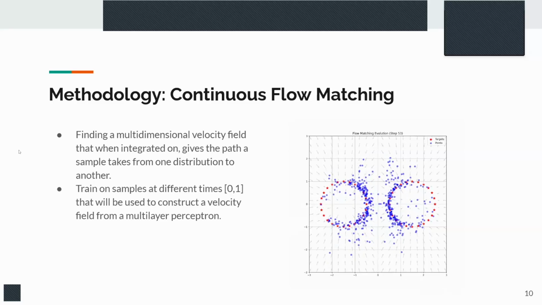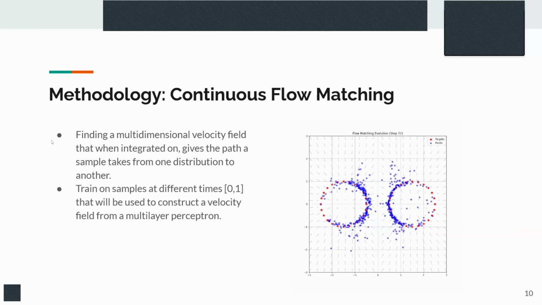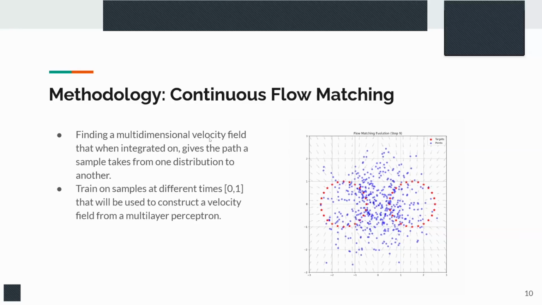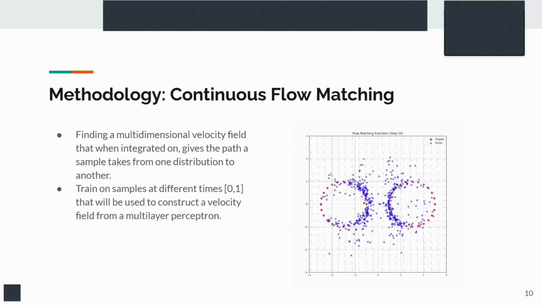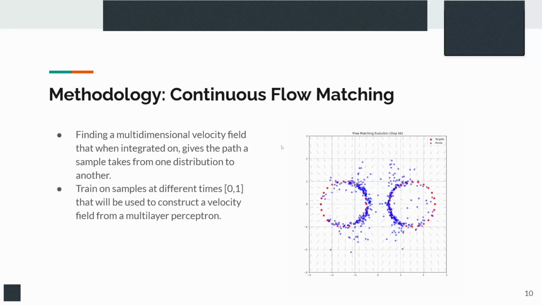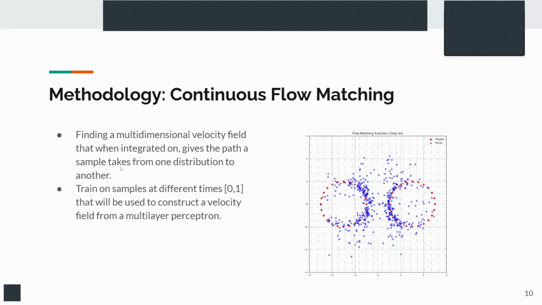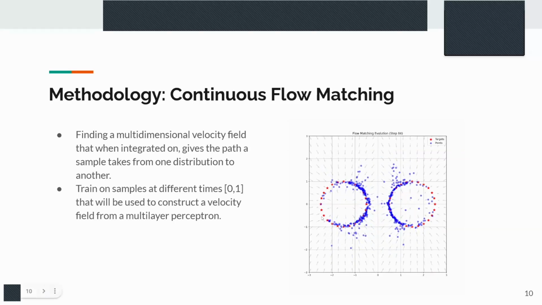The final thing is continuous flow matching, which is what we're working on right now. Continuous flow matching is really interesting. It's finding a multi-dimensional velocity field. In this GIF, it's 2 dimensions, clearly, but you can have as many dimensions as you have features. So you give the path that a sample takes from one distribution to another.